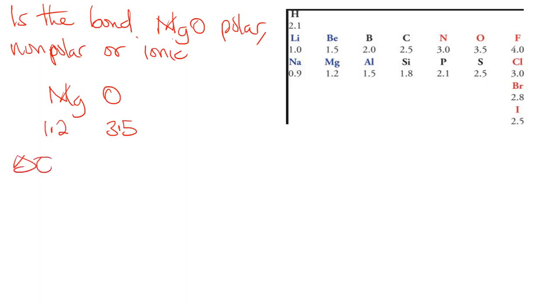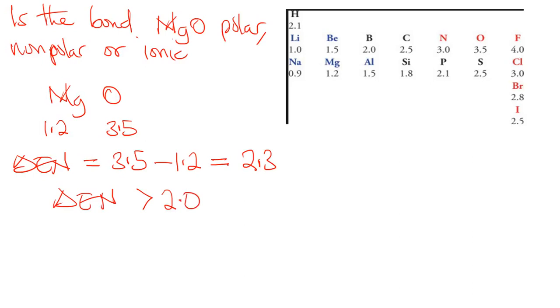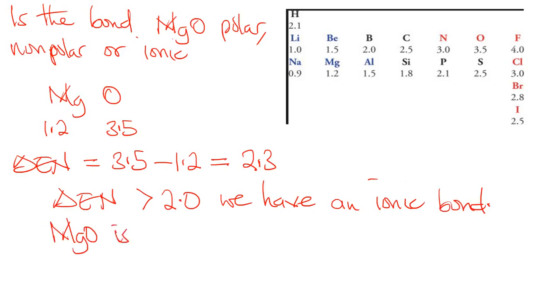So the change in electronegativity is 3.5 minus 1.2, which is equal to 2.3. But we know that a change in electronegativity greater than 2 gives an ionic bond. Therefore, the bond between MgO is ionic.